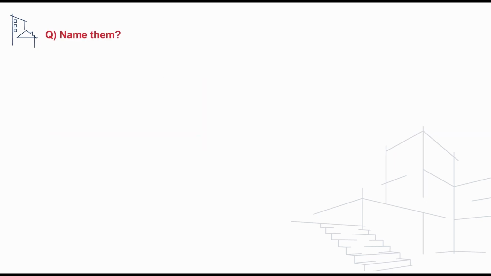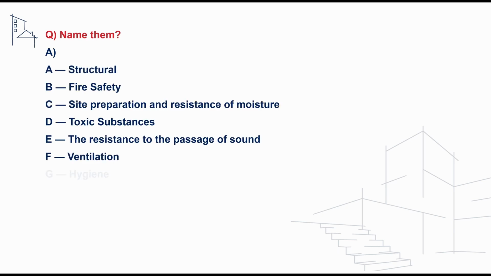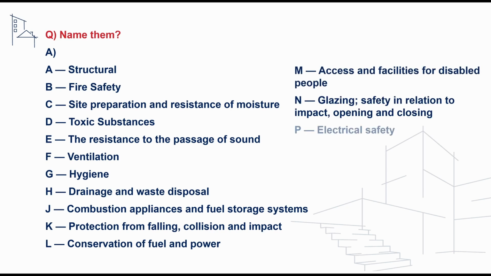Another question we may be asked in relation to this is our understanding of the different approved documents, and I won't read through all of these, but we could reference any of the shown approved documentation, for example things relating to whether that's structural, fire safety, ventilation, hygiene, conservation of fuel and power, glazing safety and electrical safety.